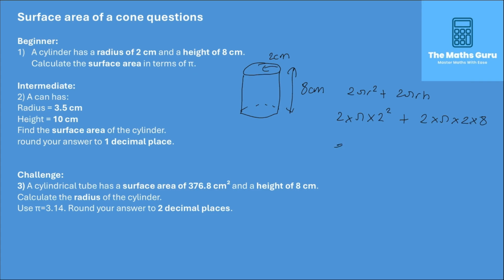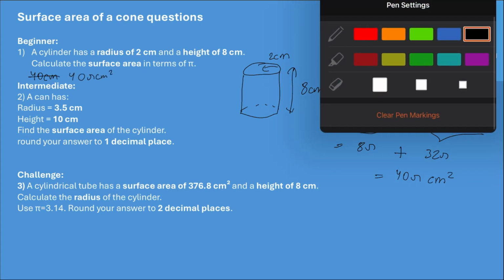This part is 2 squared times 2 times pi, which leaves us with 8 pi. And this part leaves us with 32 pi. Hence, when we add them, we're left with 40 pi. And remember, surface area is to do with area, so centimeters squared. So I'm going to write that up here: 40 pi centimeters squared.